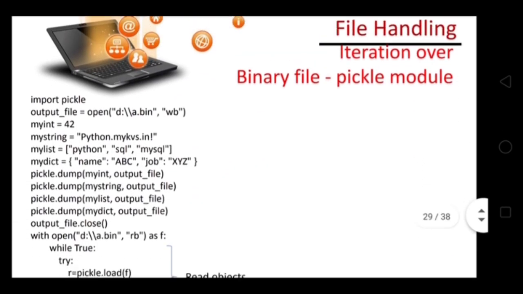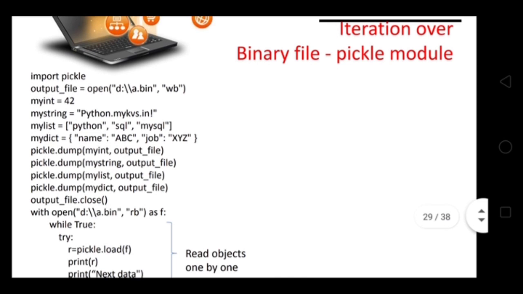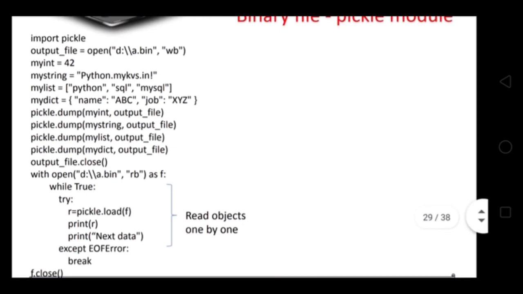So this is one more example, iteration over the binary file using the pickle module. Just see, I have an integer, a string, a list, and a dictionary. Now just see this: with open. We have already discussed that we can open the file with the help of a with statement.